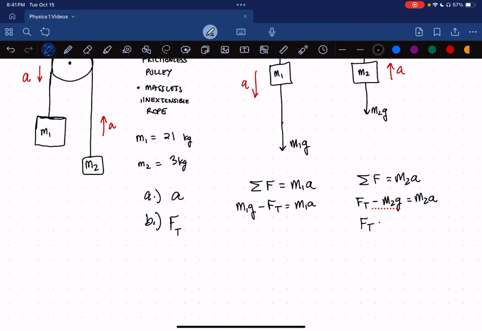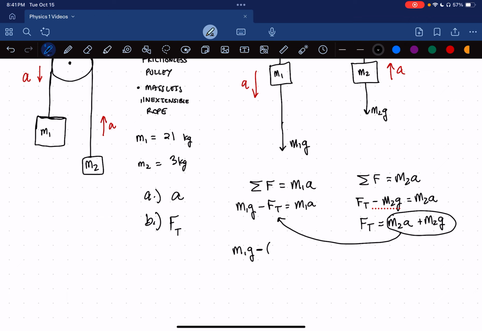What we're going to do, I think I like this method, is we're going to say Ft equals m2a, and we're going to add m2g to this side of the equation. And so now we have an expression for Ft, and that expression for Ft doesn't, of course, include Ft. And so that will not be there.